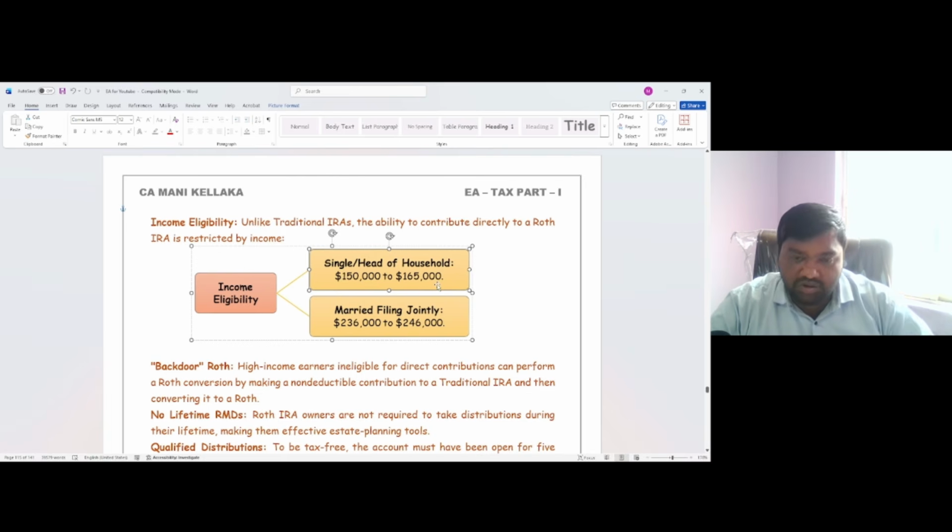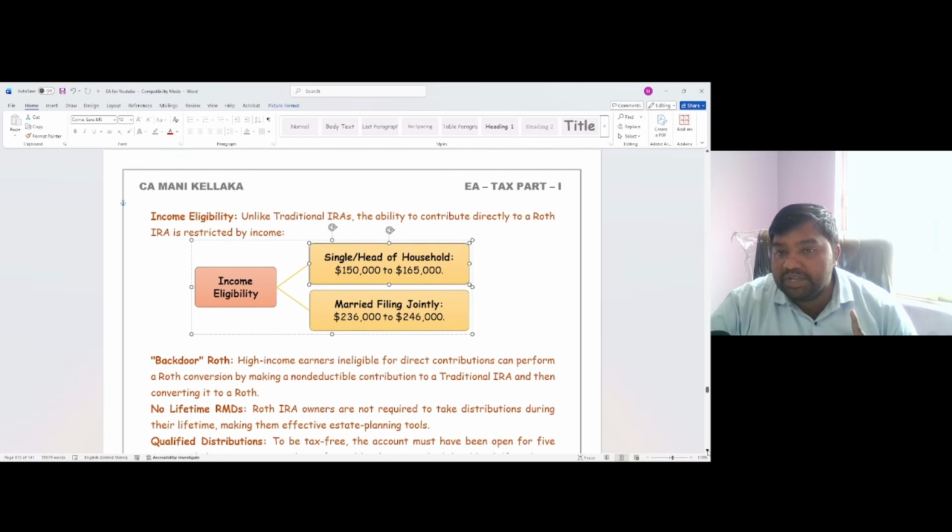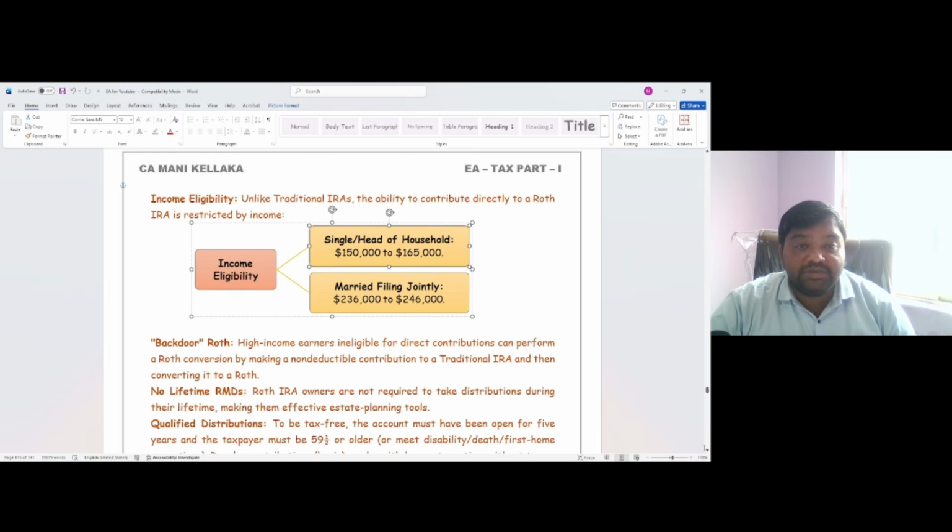It is not possible. These are your income eligibility limits. There are no income eligibility limits for a traditional IRA. Whatever income you have, you can contribute to a traditional IRA, but for a Roth IRA, you are eligible only if your income is less than or between 150,000 US dollars and 165,000 US dollars.